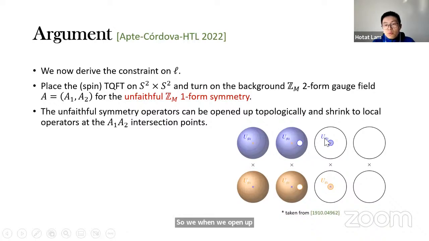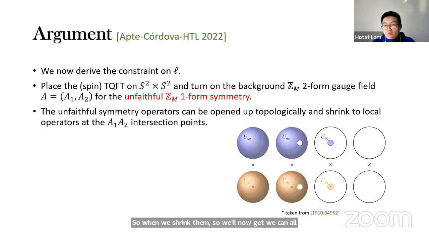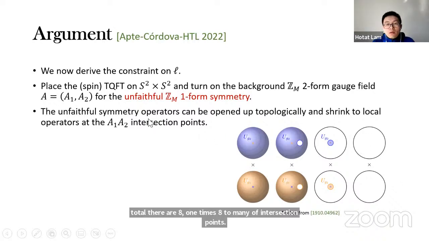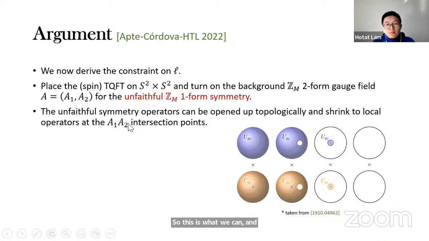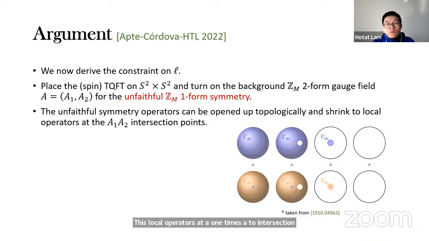Remember that these symmetry defects intersect with each other, so what we can do at most is to shrink them to some local operators at the intersection points. In total, there are A1 times A2 intersection points, and the local operators at these A1 times A2 intersection points are identical operators.